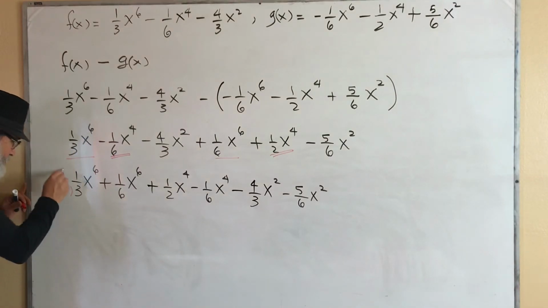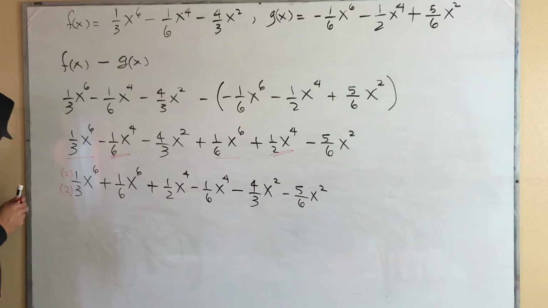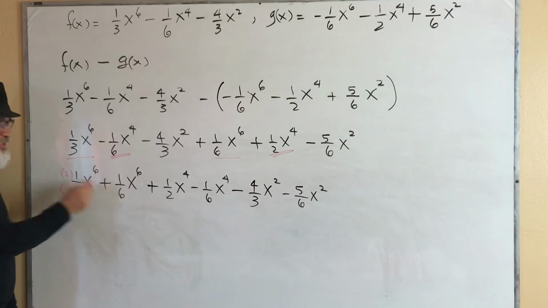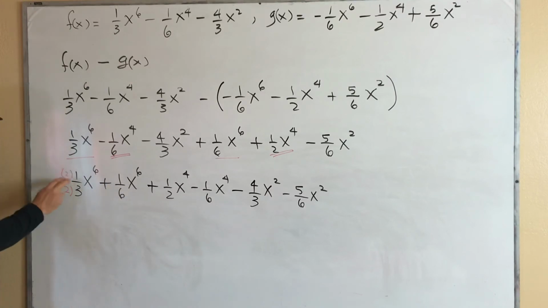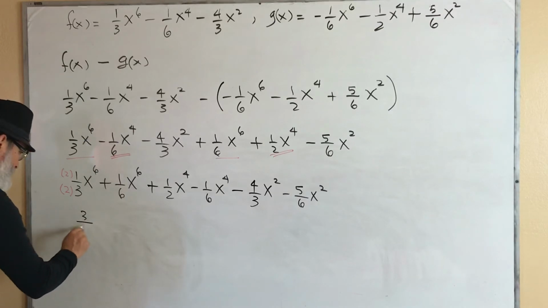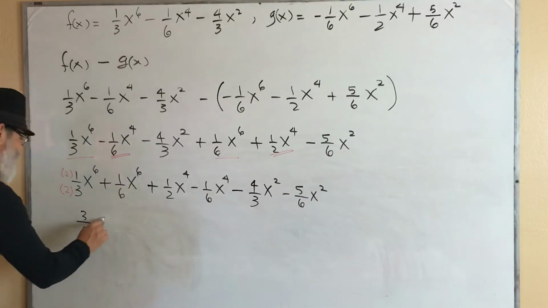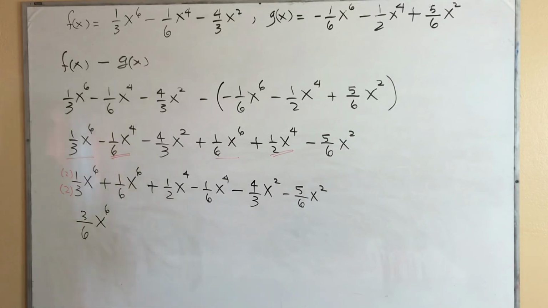By 2. And now the 1/3 became 2/6. And what's 2/6 plus 1/6? 3/6. And keep the same variable to the same power. X to the 6. I'm not done.